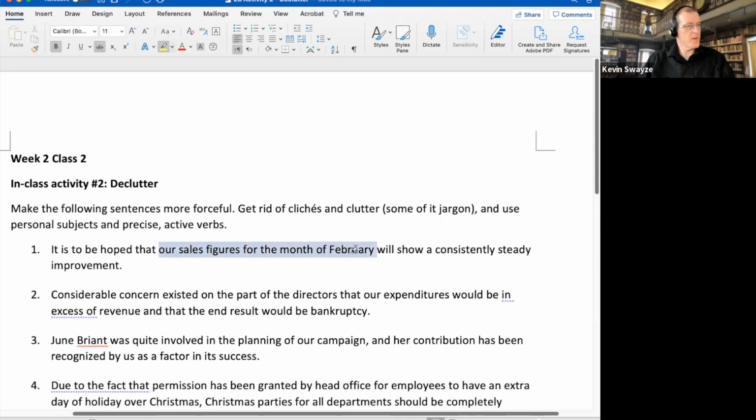Sales figures for the month of February. Whoa, what's this? Consistently steady? Whoa. So here's something else. It is to be hoped. Whoa, that's a bit clunky. So how about this?